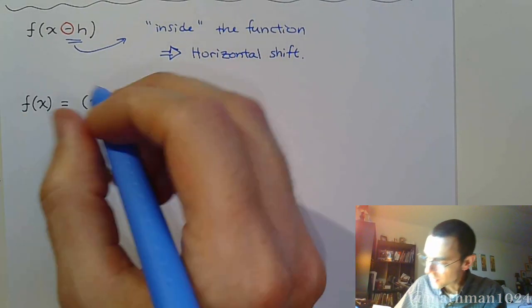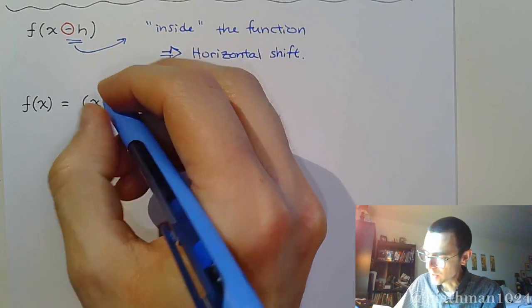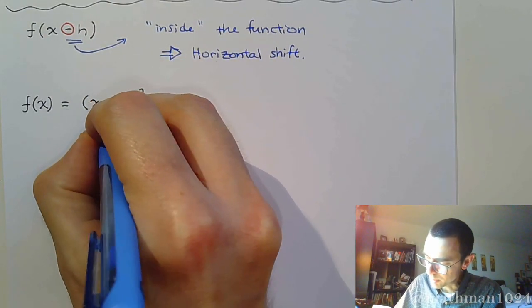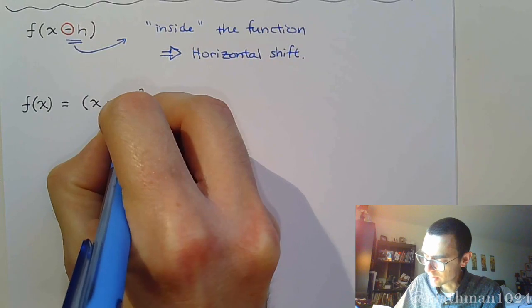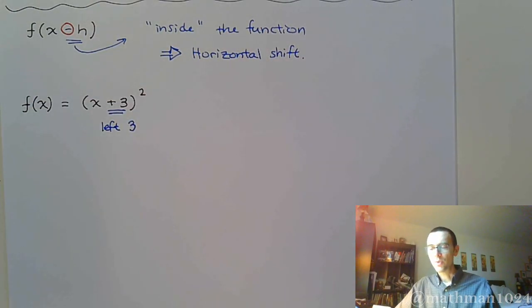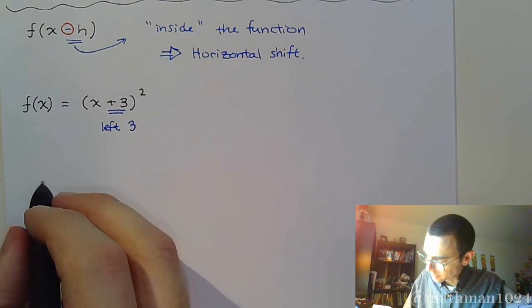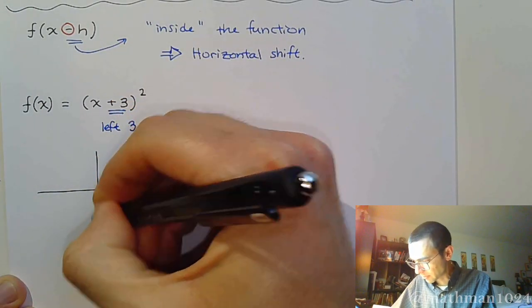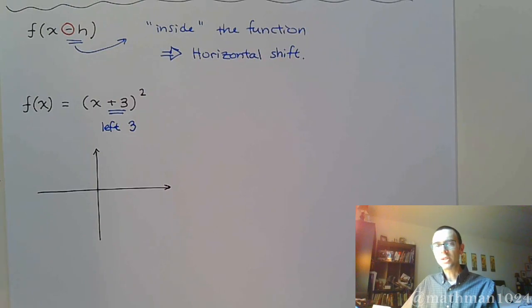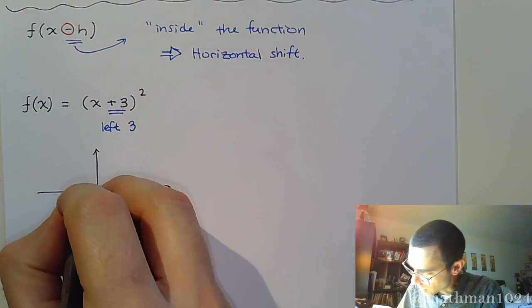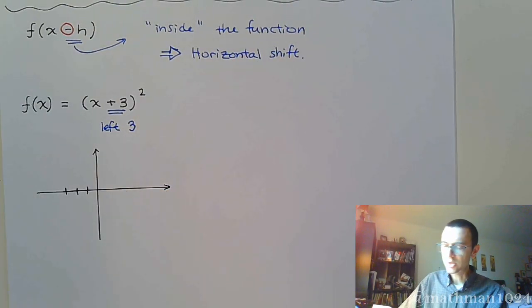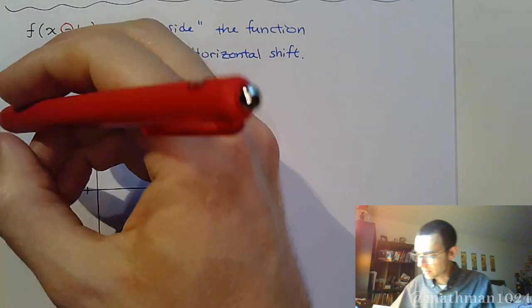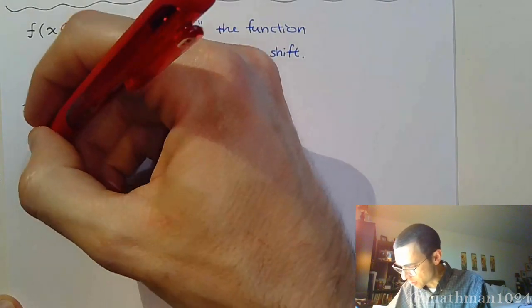I see plus 3, but I'm actually going to be moving my entire graph to the left 3 units. So we're going to take that parabola and shift 1, 2, 3 units to the left, and we're just going to graph our parabola from here.